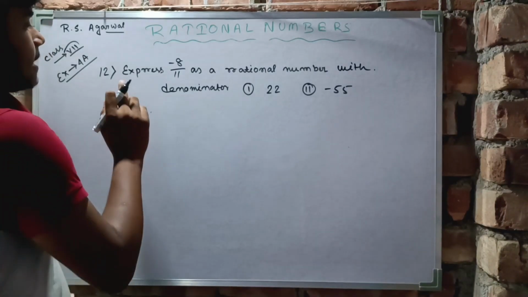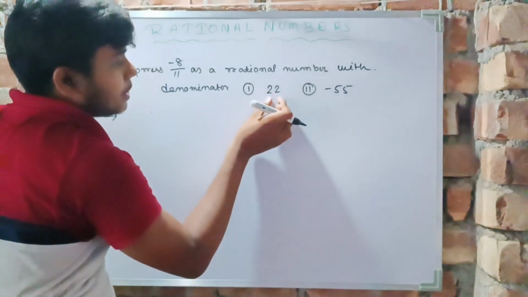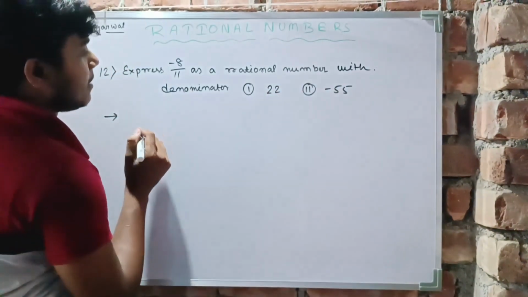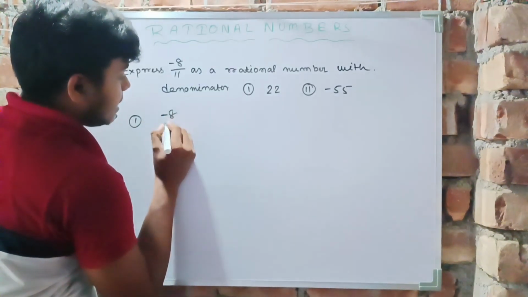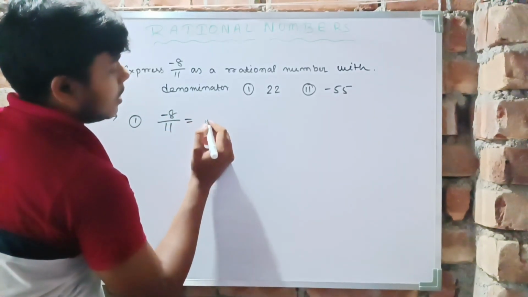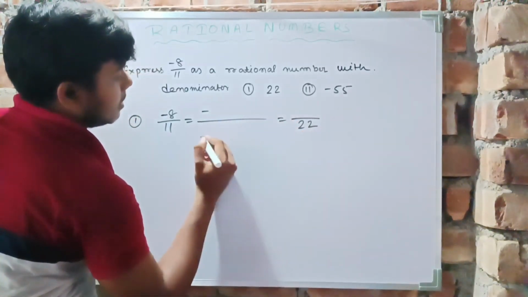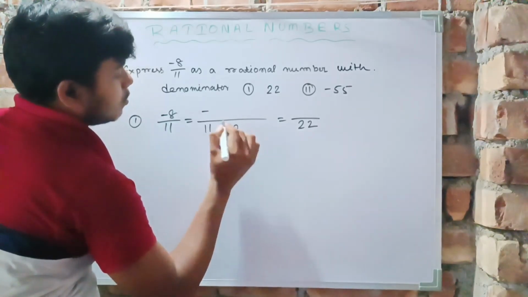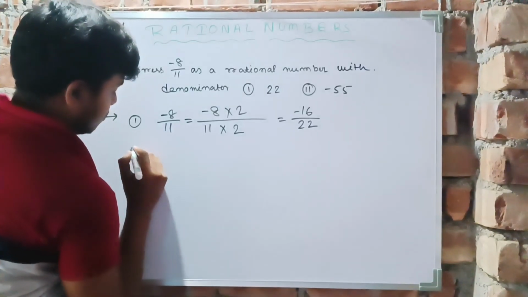Our next problem is express -8 by 11 as a rational number with denominator 22 and -55. Denominator 22, that means -8 by 11 is equal to, with denominator 22, 11 into 2 and -8 into 2, that means -16 by 22.